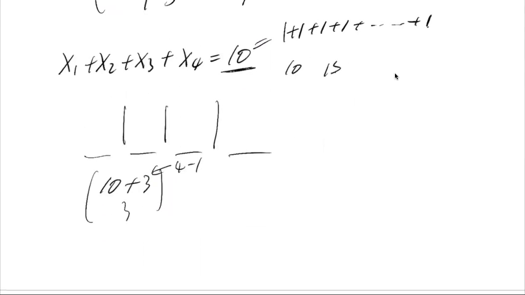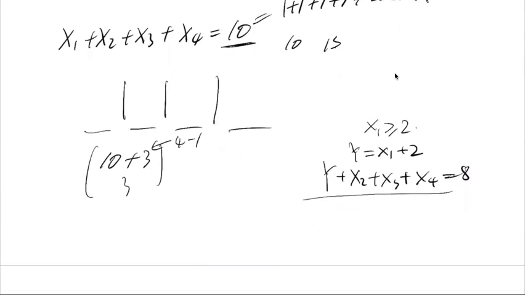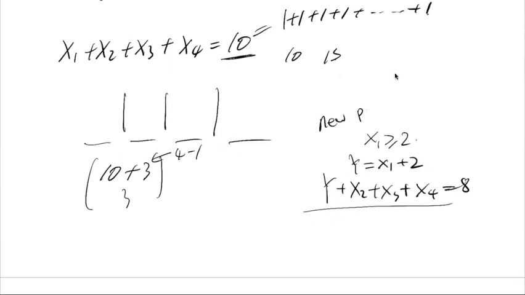I can make the problem a little bit harder. Say I have a condition that x1 should be greater than or equal to 2. If I have that condition, I rewrite the equation into y plus x2 plus x3 plus x4 equal to 8, where y is equal to x1 minus 2. So now I'm changing the original condition. To clarify, that's the new problem: x1 has to be at least 2.